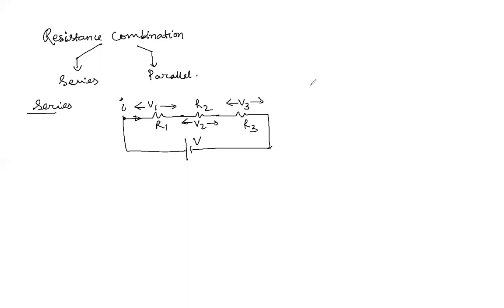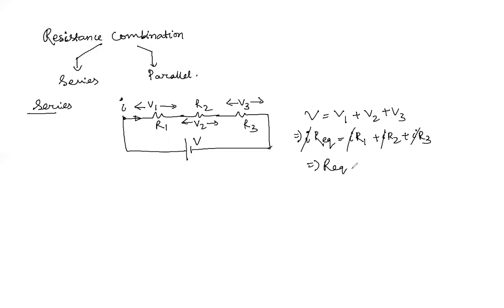As we know that V should be equal to V1 plus V2 plus V3, and V can be written as I multiplied by R equivalent, which is equal to IR1 plus IR2 plus IR3. So all these three resistors can be replaced by a single one, and its value is R1 plus R2 plus R3.